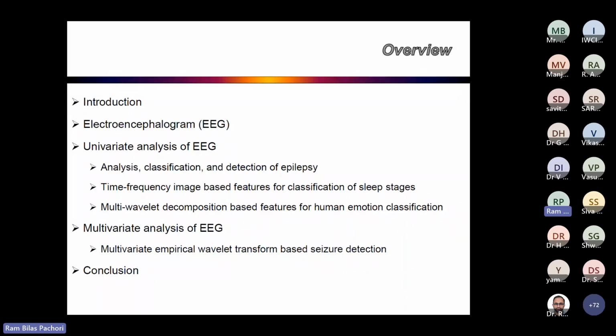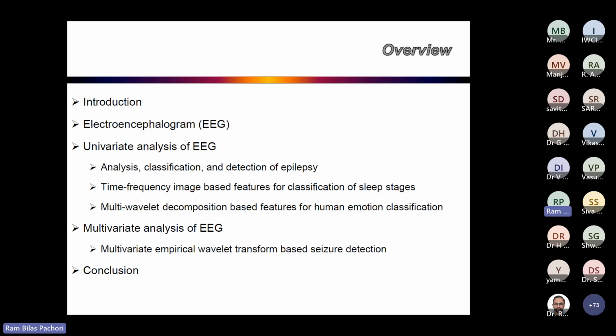After that, we will see time frequency image based features for classification of sleep stages. Then we will see multi-wavelength decomposition based features for human emotion classification. After that, we will see the multivariate scenario, where we will see the multivariate empirical wavelet transform that we have proposed, and we have shown that it is better than the empirical mode decomposition that was proposed for the multivariate case.